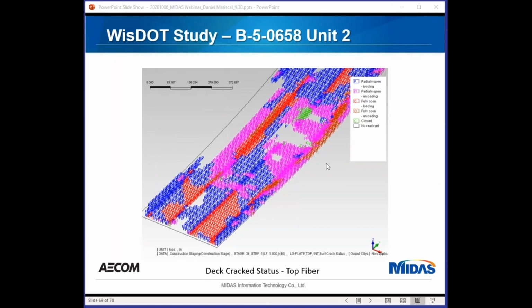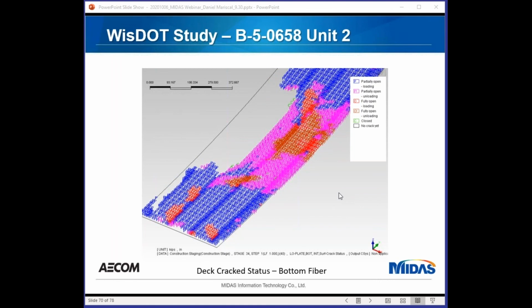You can see that there's basically cracking in the area where the failure of the girder happened, towards the middle of that span. This is another plot. This is the bottom fiber. The other one was the top fiber. In this case, we can see that the left side of the deck didn't crack, but the right side of the deck had ample cracking.